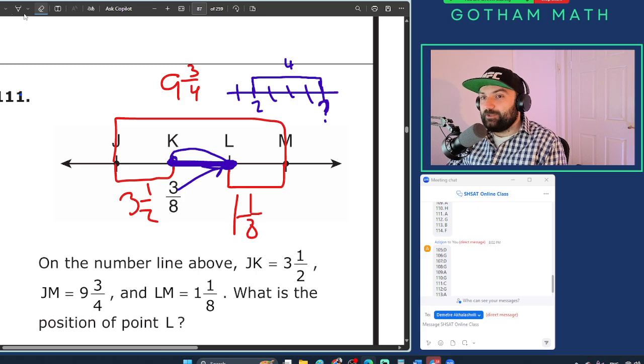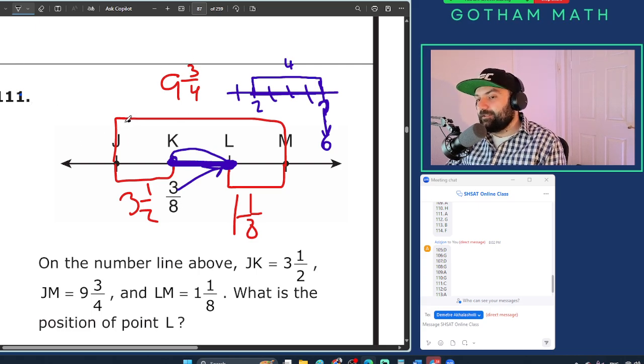Of course. You will say, yes, of course I know what it is. It's 6. Why? Because this piece is 4, and from 2 I add the 4, and I arrive at 6. Same thing here. Let's find out how long KL is and add the result to the 3/8. That's all. Now, how do we find the length of KL?